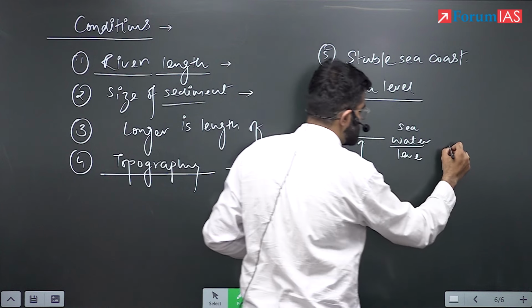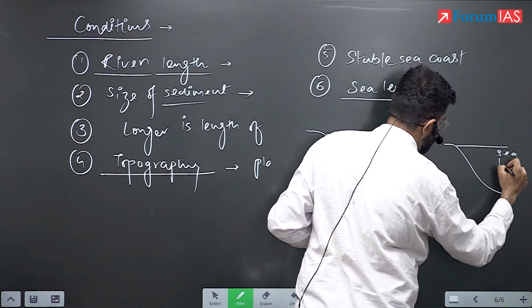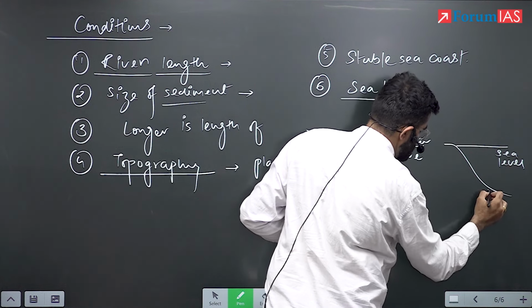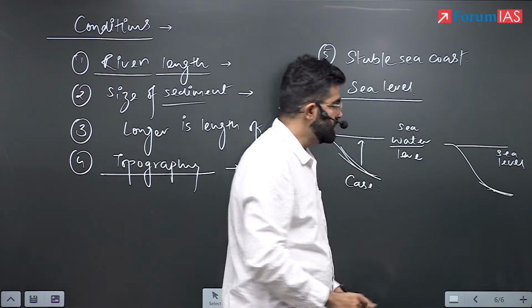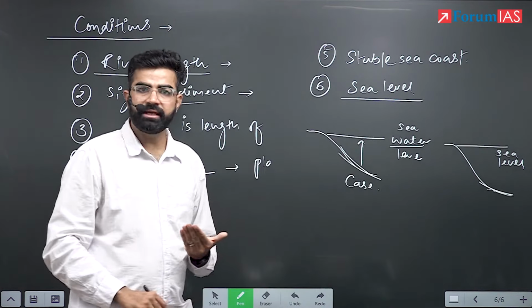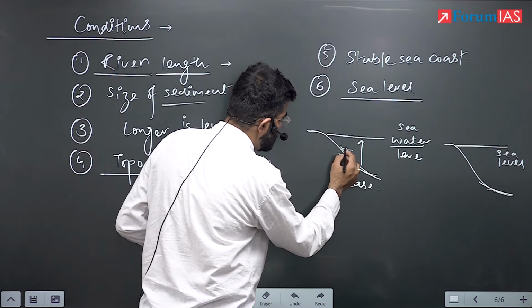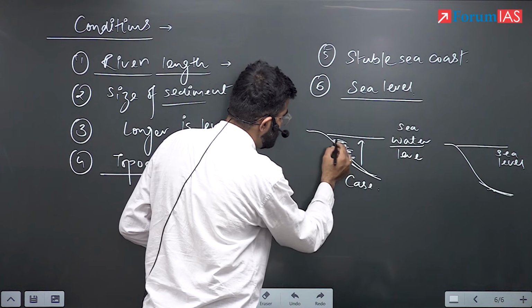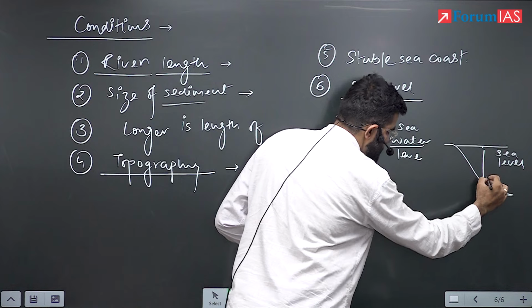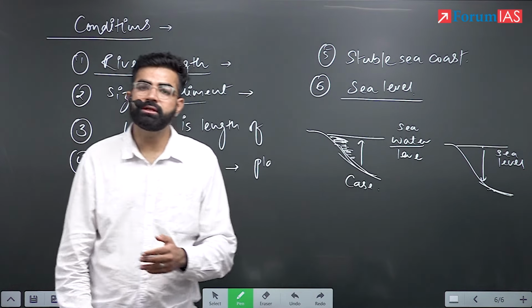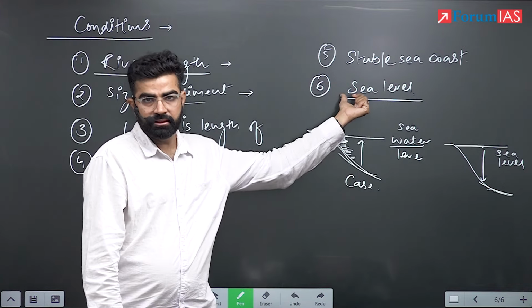In the second case, the sea level is here, and this is the continental shelf area, or the part of continental margin. Now, delta formation will be easy here, because of deposition of the sediments, the delta will be formed easily. However, because of this deep area in the first case, it will take more time for the delta to form. So we need the lower side of the sea level, right?